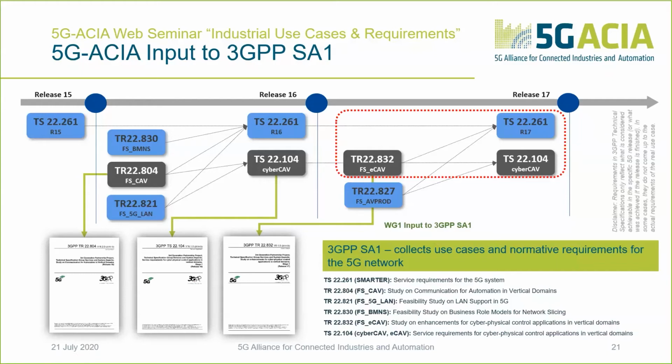However, you should note that requirements in 3GPP technical specifications only reflect what is considered achievable in the specific 5G release, or what was achieved if the release is finished. In some cases, they do not come up to the actual requirements of the real use cases, but in most cases, it's quite a good match.